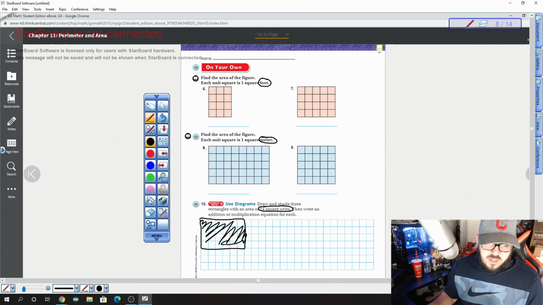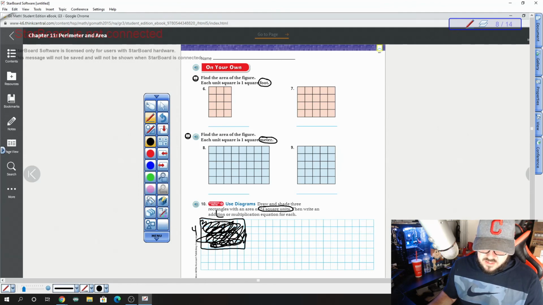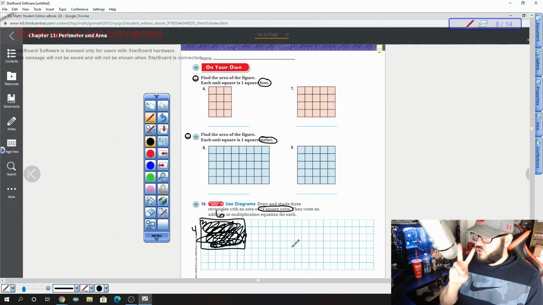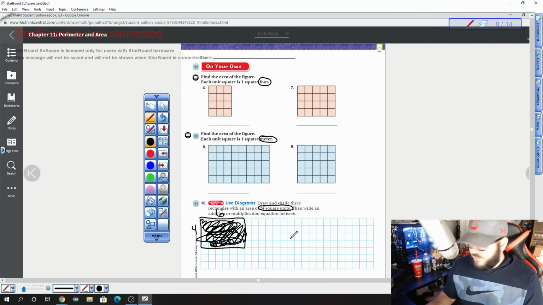Okay, 24 square units. So I've done one of them for you. You can do the last 2 on your own. Think about what numbers you would multiply to get 24. There's a couple of options here. Okay, mine was 4 times 6. Okay, so in this space that's left, you should be able to draw 2 more rectangles. And that is your work to be done for page 657.